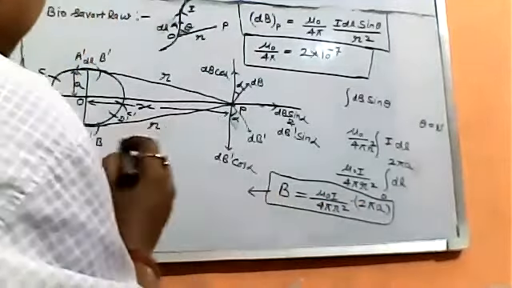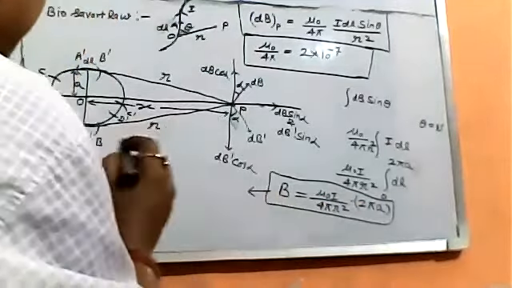And one thing, suppose this angle is taken as theta, so not theta, alpha, one term missing, then we have to integrate here dB sin alpha.